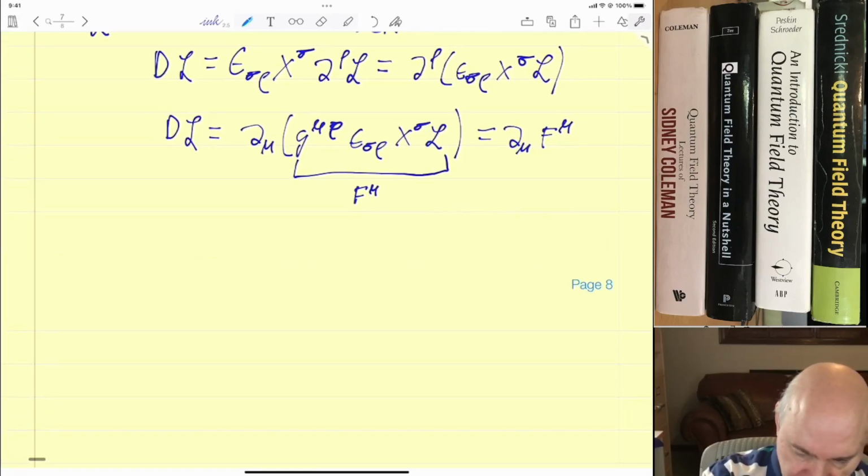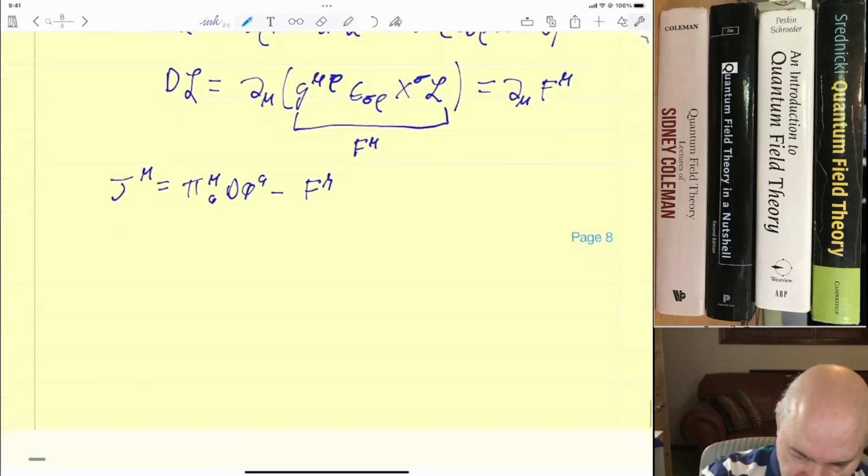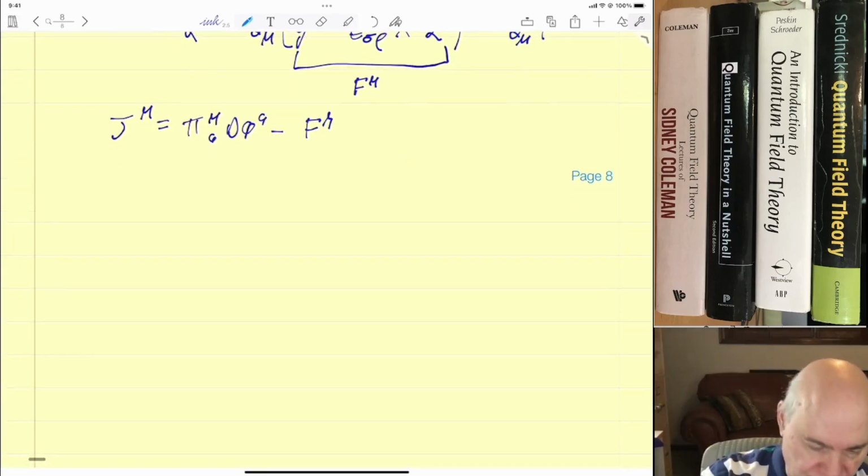Okay, so the conserved current J^μ is equal to π^μ_A δφ_A minus f^μ. Here's where turning the crank comes in useful, because you just have to plug into all the previous general formulas we defined and everything will work out.